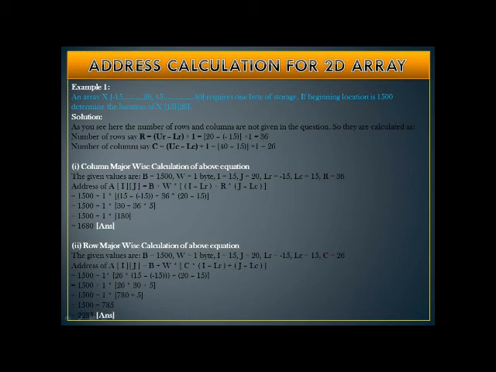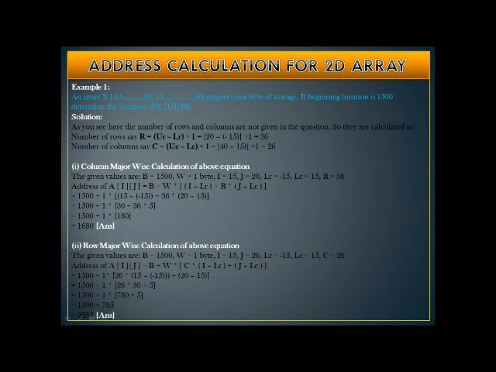So the lower limit of the row is minus 15 and the upper limit of the row is 20, and the lower limit of the column is 15 and the upper limit of the column is 40. So the first index location, or the first cell's index location, is X of minus 15, 15. Got it? So the base address of the first index location, 1500, is given in the question, and each cell takes 1 byte.